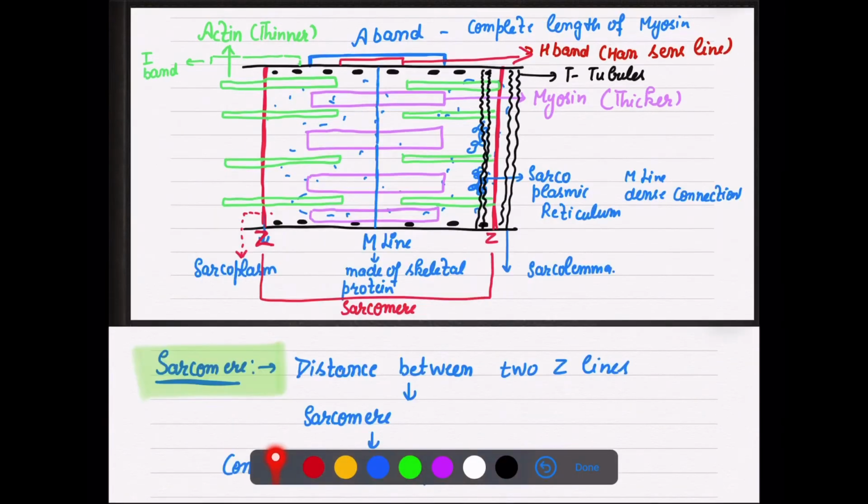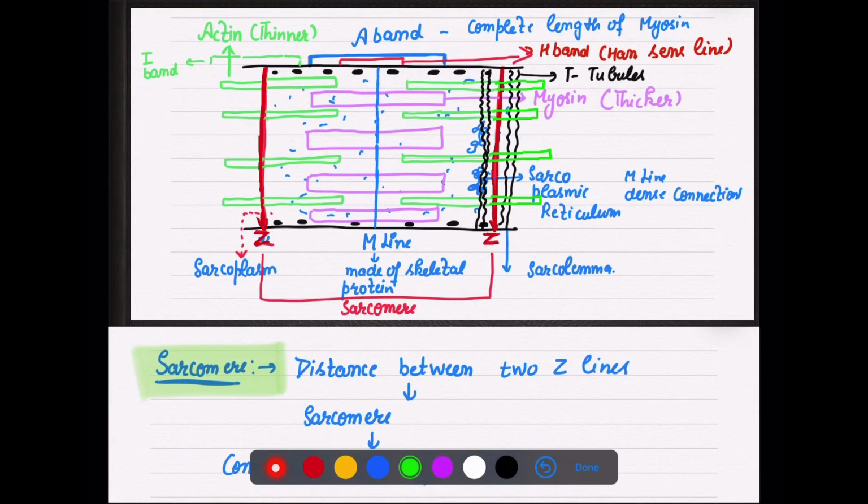Okay. Next comes your sarcomere. Now, as you can see, I have drawn these two red lines. और ये मैंने two red lines कहाँ पे draw की हैं? If you look carefully, I have drawn them in the center of the I band.